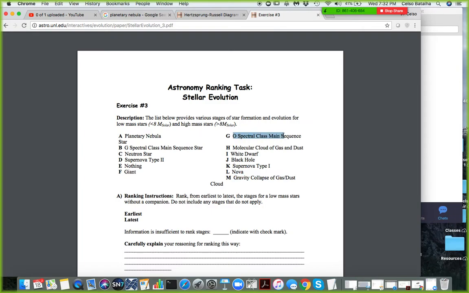I put O spectral type. I don't have a B here. And then it becomes a supernova type 2, and then we have a neutron star.